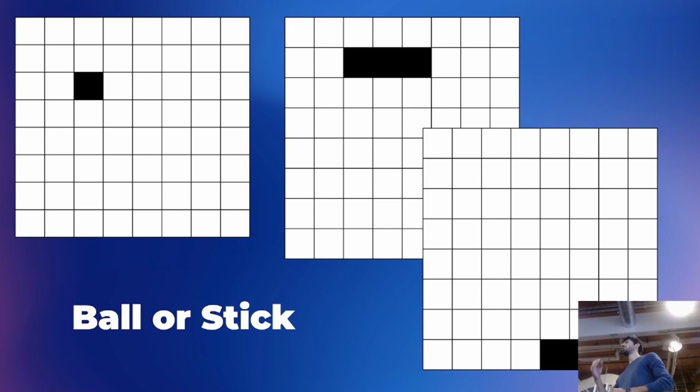If he goes through all these 64 values, first checks the first one, then the second one, then the third one, and he finds that there is a single black dot, then it means that picture is a ball, right? While if he does the same, goes through all the values in the list, and he finds that at some point there are 3 consecutive ones, then it means that it's a stick.